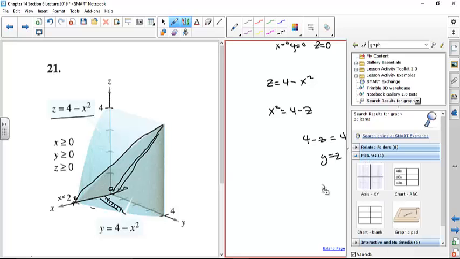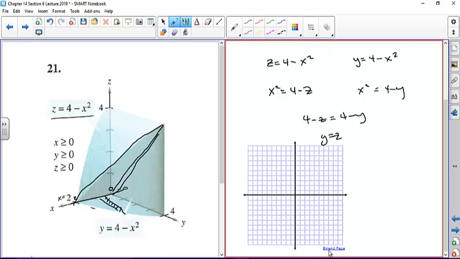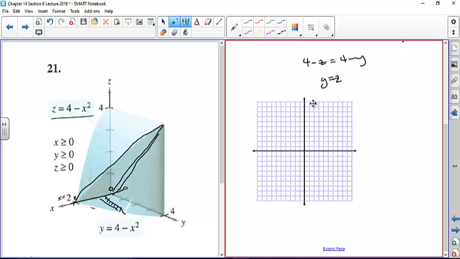We could do both integrals. So what I'm doing here is drawing a line, z equals y or y equals z, and you can see we come out to 4 here and 4 there.